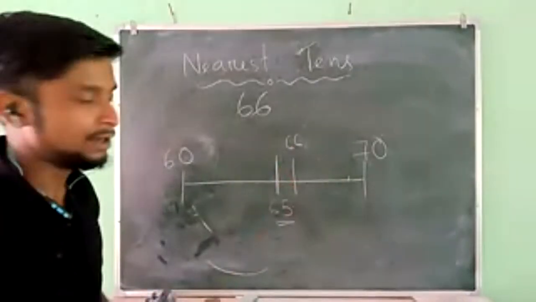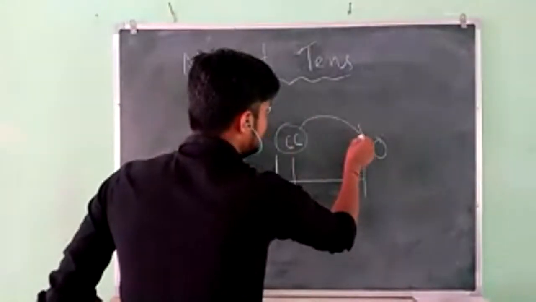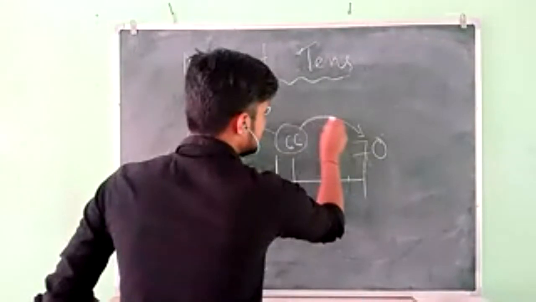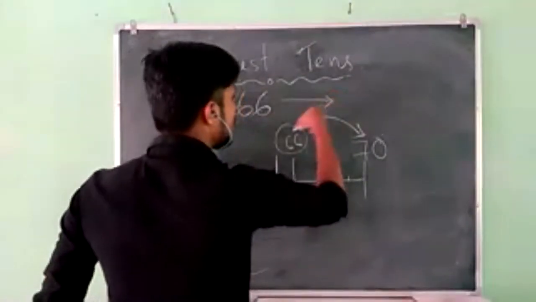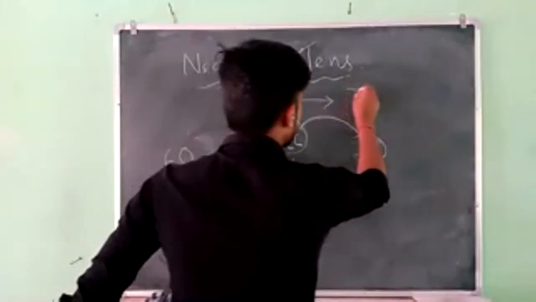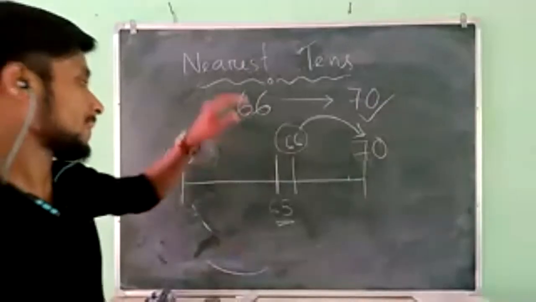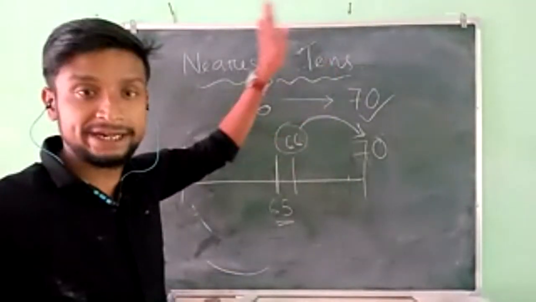Is 66 nearer to 70 or nearer to 60? It is nearer to 70 only. So if we round off 66, we will get 70 as the answer.